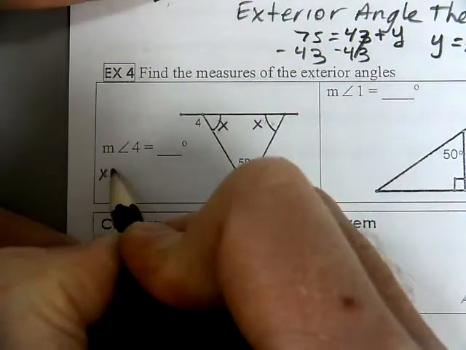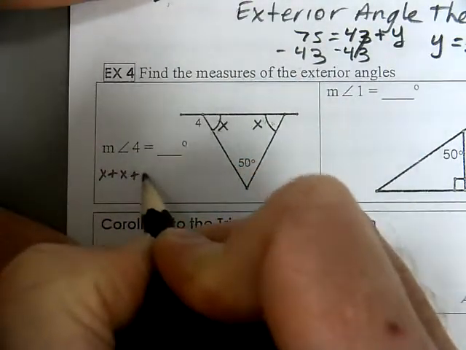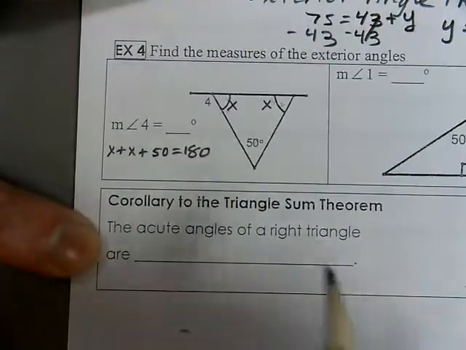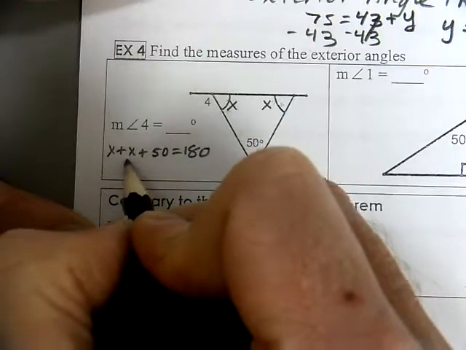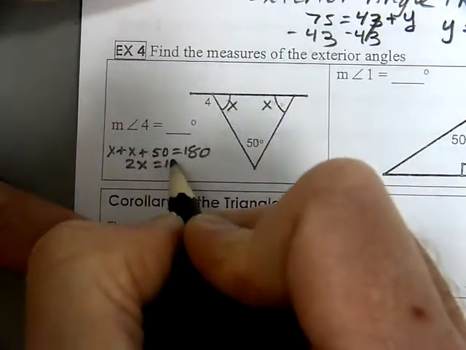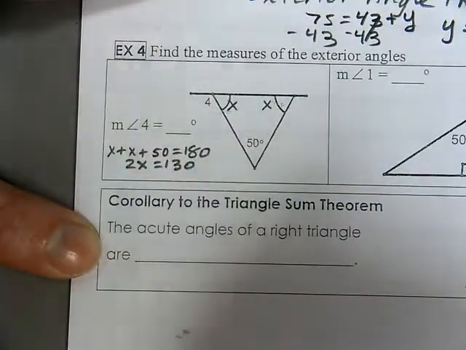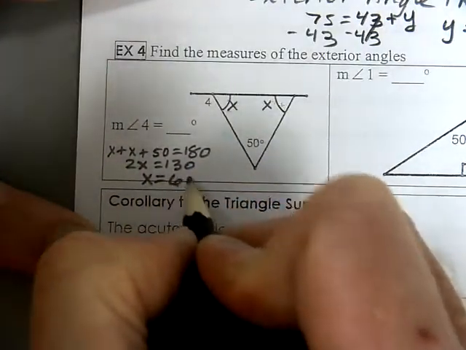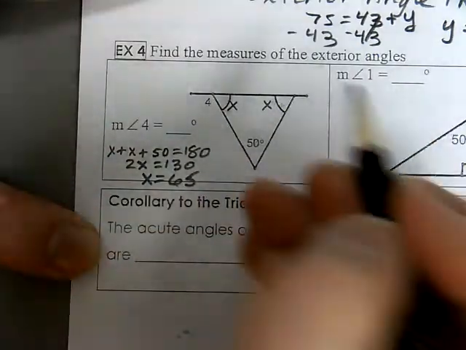So we have 2x plus 50, and that has to add up to 180. Well, if you collect your x's together and subtract across your 50, you get 130. Then we'll divide by the 2, we get 65.